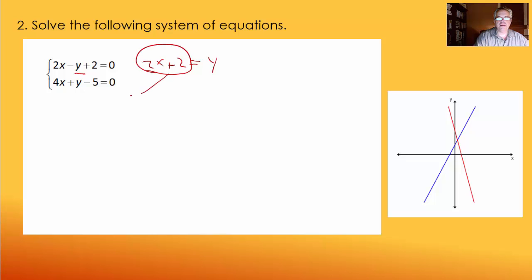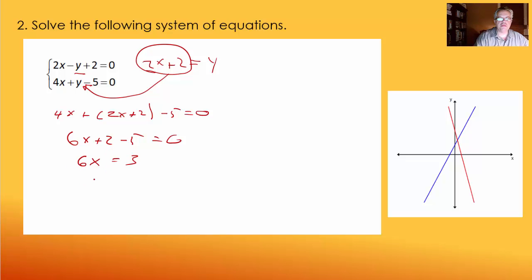Alright, I'm going to take that and substitute into this other equation. So I get 4x plus the quantity 2x plus 2 minus 5 equals 0. There's really nothing to distribute, so I can combine like terms. 6x plus 2 minus 5 equals 0. That's negative 3. So when I add 3 to both sides, I get 6x equals positive 3, or x is 1/2.